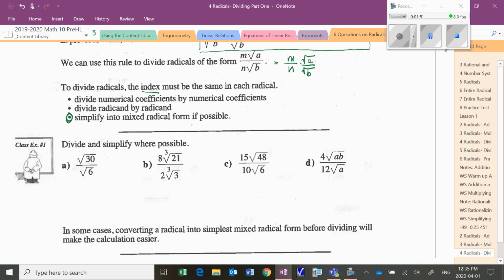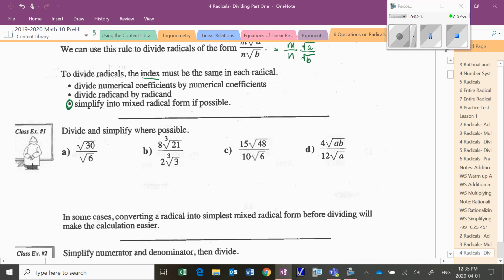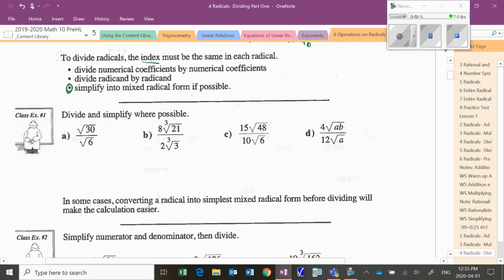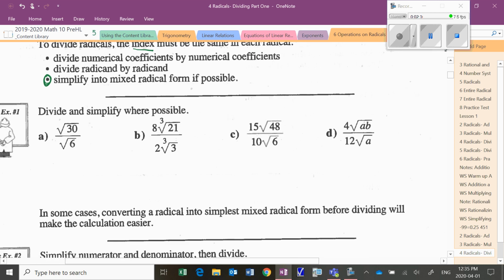Certainly your final form should be simplified as much as possible, and that means we do not have any perfect square factors within the radicand if the index is 2, or perfect cube factors if our index is 3.